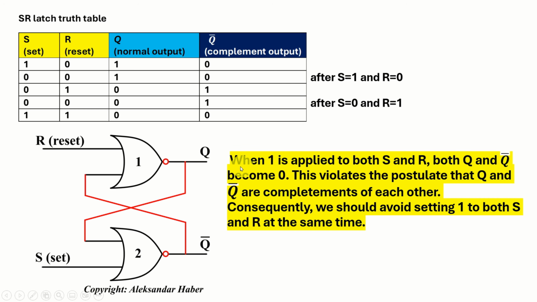That is, when 1 is applied to both S and R, both Q and Q bar become 0. And this violates the postulate that Q and Q bar are complements of each other. Namely, it cannot happen that if Q is 1, Q bar is also 1. That is, in that case, the rule of Boolean algebra will not hold. Consequently, we should avoid setting 1 to both S and R at the same time.